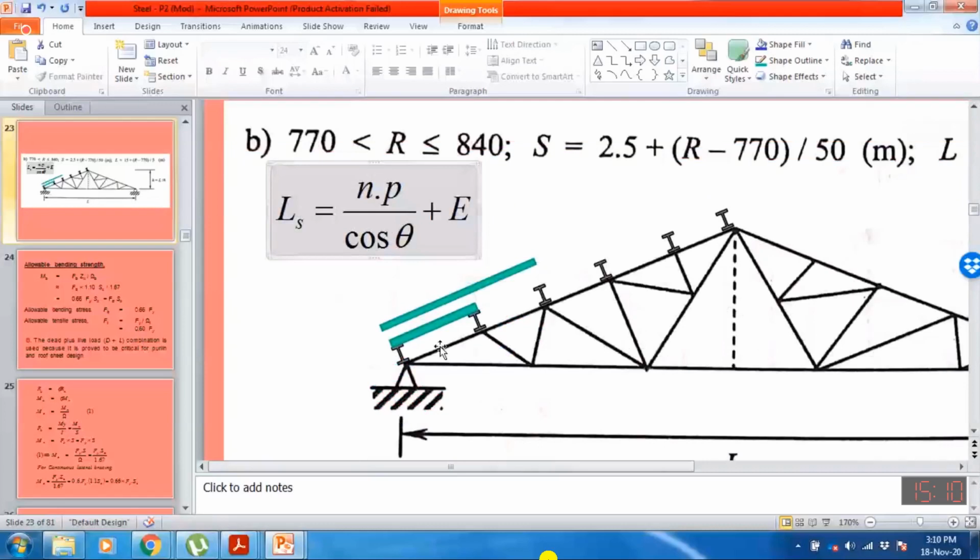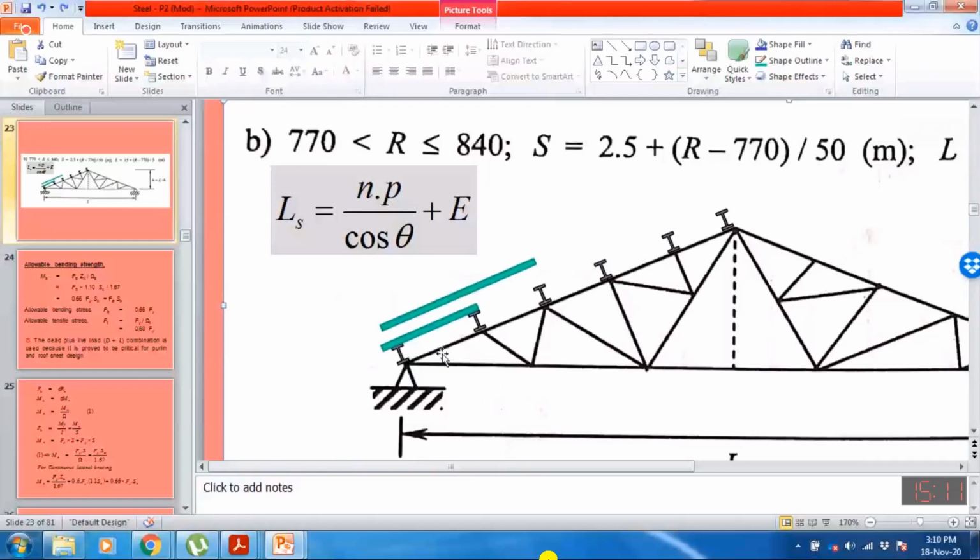We compute the length of the sheet required between one panel. The length of the sheet required between one panel will be equal to P by cos theta plus E, where E is the allowance for end cover.